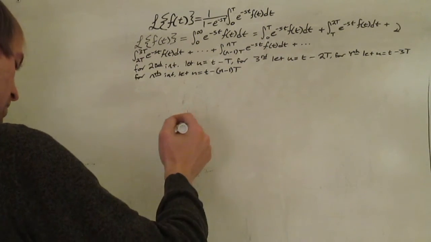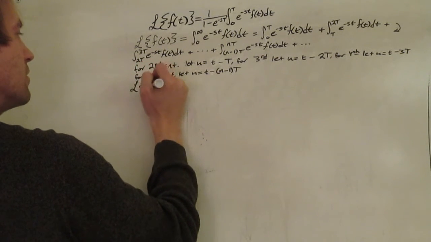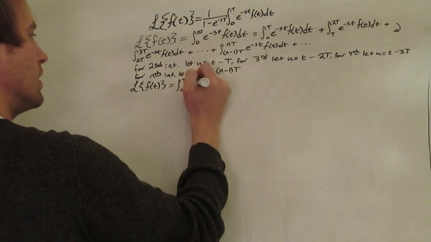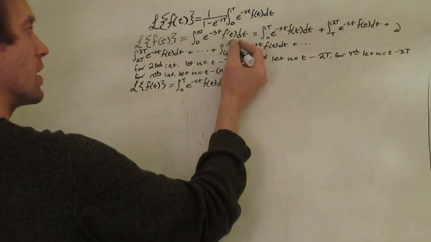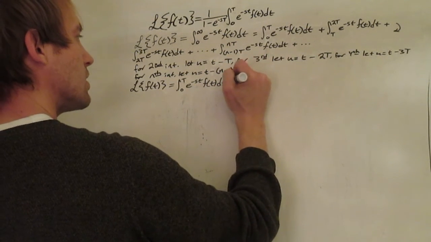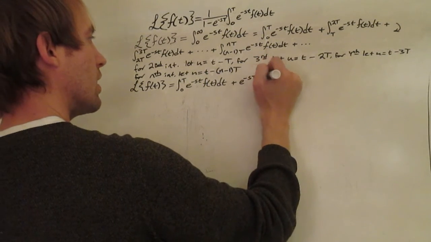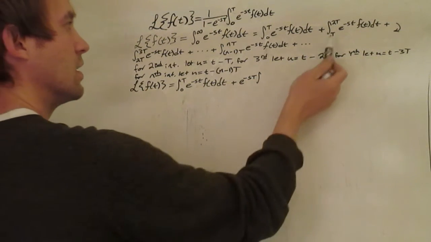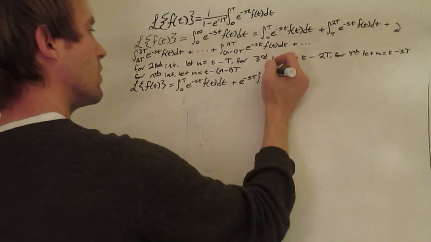We can rewrite this now as Laplace of f of t equals integral from 0 to t of e to the negative st f of t. That's the first one, just bringing it along for the ride, plus e to the negative st, capital T, and we're just using the u substitution, taking the t out of it for the first one.